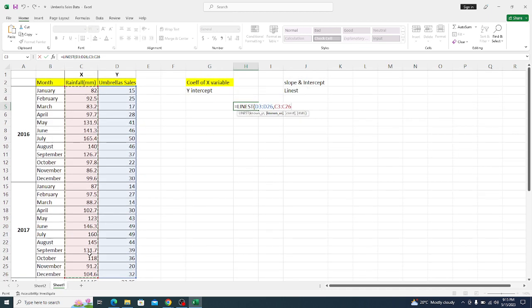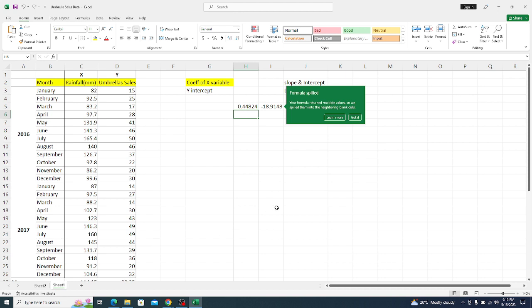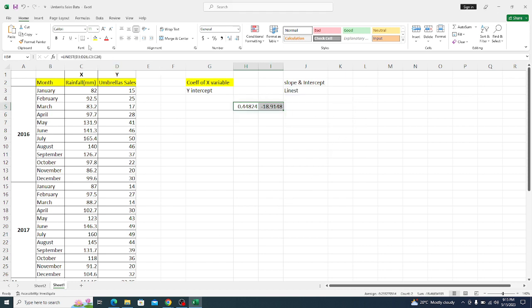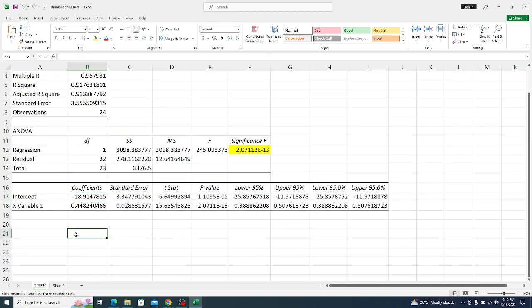So once you run it, you'll get two values. And remember, these values are the ones we've been getting, or we can just reconfirm these values. Let me paste them here, and you can see this value is the same as this, and this value is the same as this.